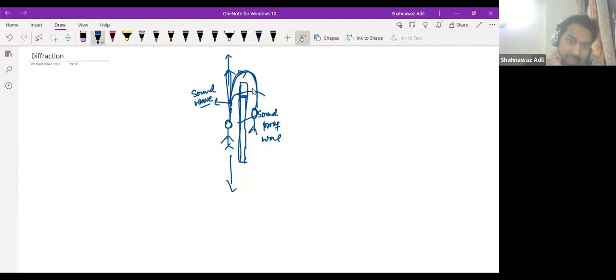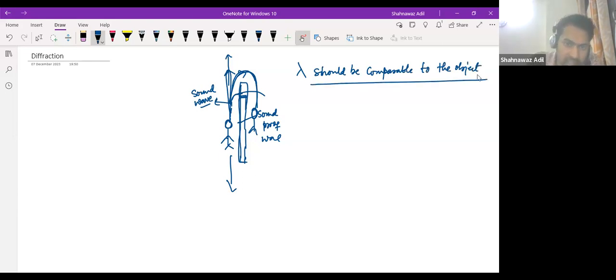This is happening because the condition of diffraction is that the wavelength lambda of whatever wave is propagating should be comparable to the object. The wavelength of sound waves is in the range of milli or micro, ranging from 10 to the power minus 3 to 10 to the power minus 6.